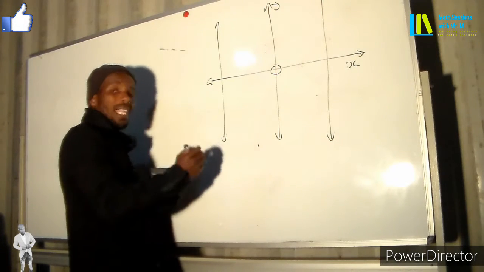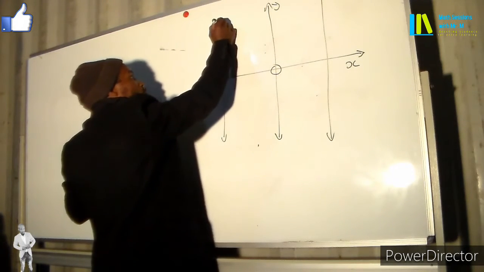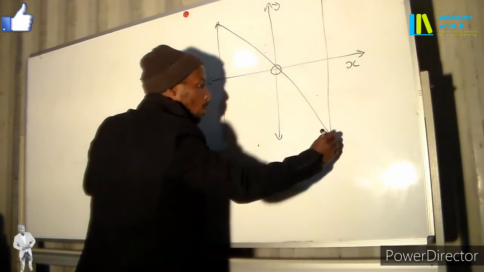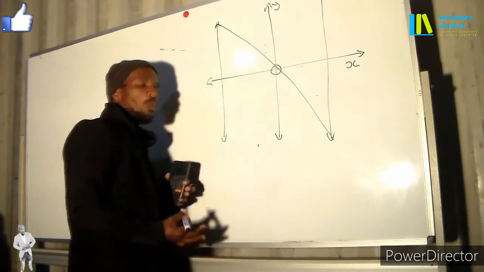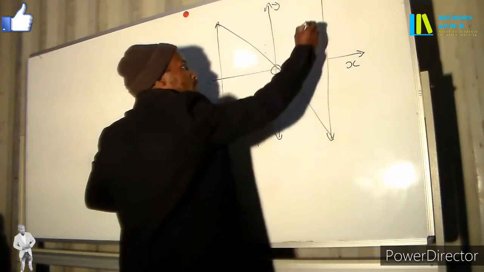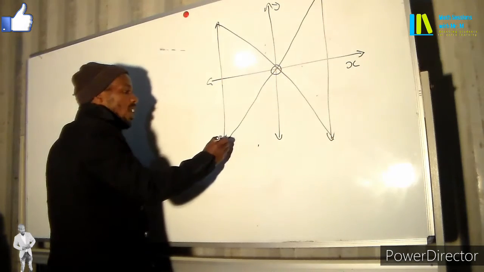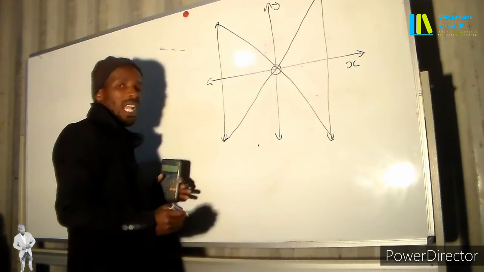Then you draw a line from the top of the duplicated line on the left, cutting through 0 to the bottom of the line duplicated on the right. The same thing from the top of that one, cutting at 0, going to the bottom of the line duplicated on the left.